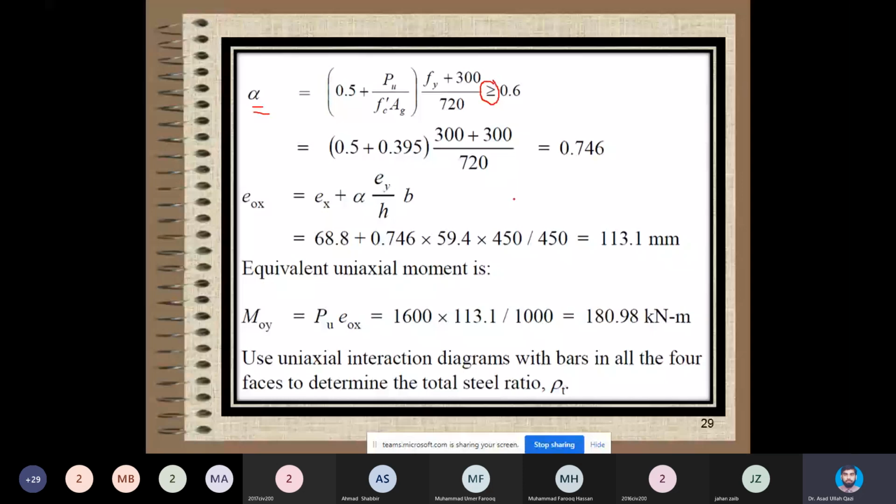In our case, the answer is greater than 0.6, so we have no objection. We can put alpha here along with EY. And since both B and H are cancelling each other, the exaggerated equivalent uniaxial eccentricity is 113.1 millimeter. So actual was 68.8. Now this will be multiplied with the ultimate axial force.